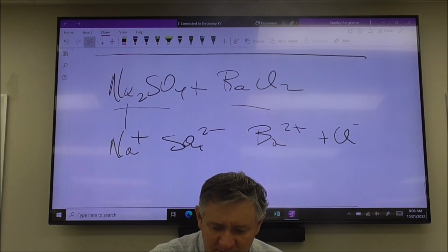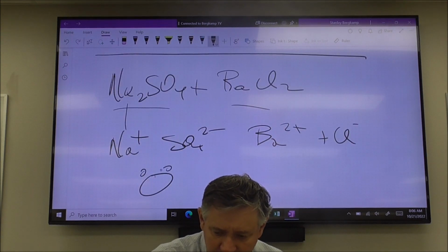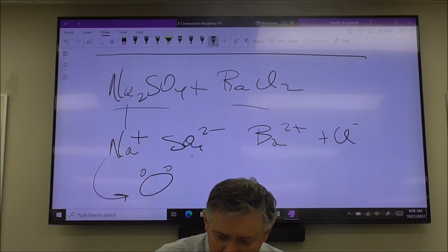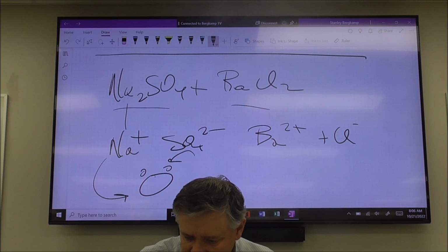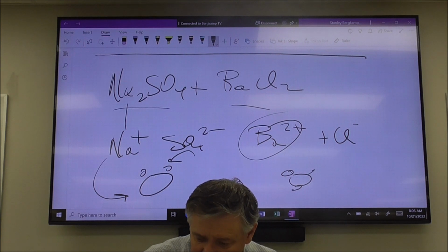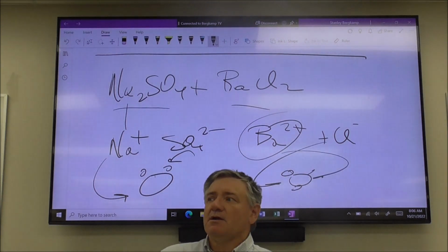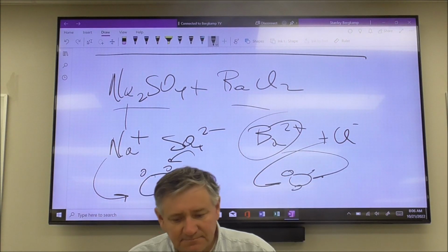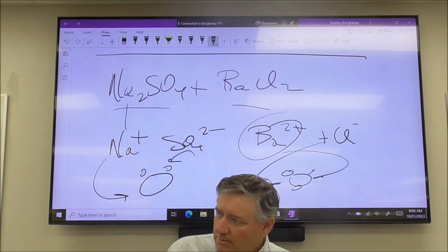All of these are attracted to water molecules. The sodium ion is attracted to the water, the sulfate is attracted to the hydrogen end. Here's another water molecule. Barium, because that's positively charged, is going to be attracted to the oxygen end, and chlorine is going to be attracted to this. So these exist because it's a tug of war.